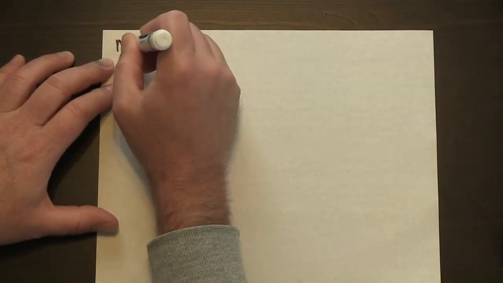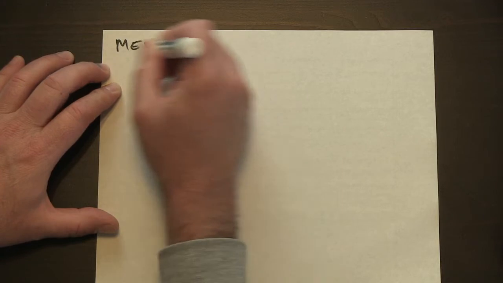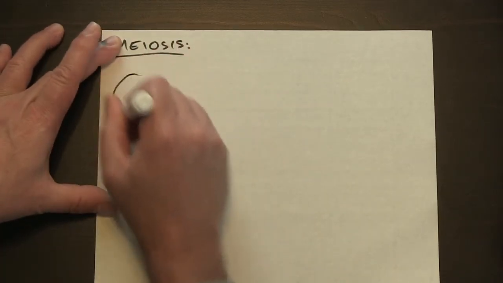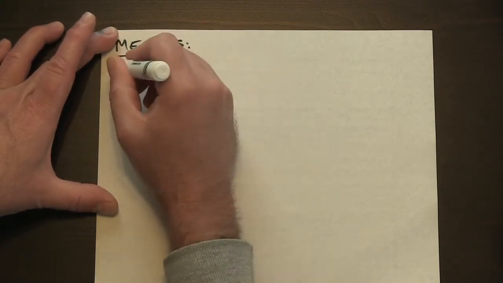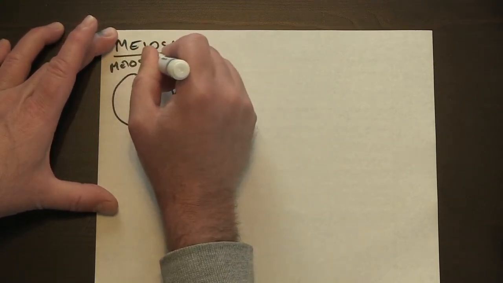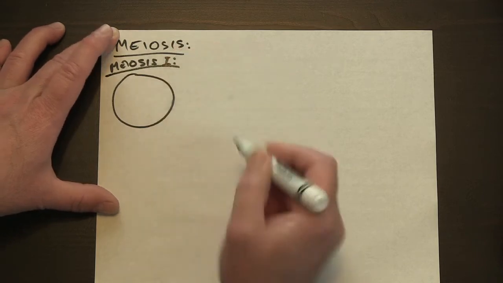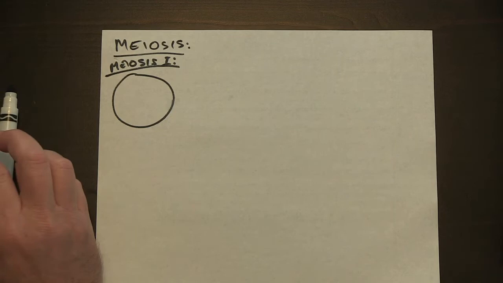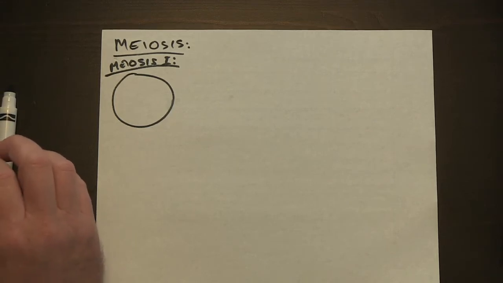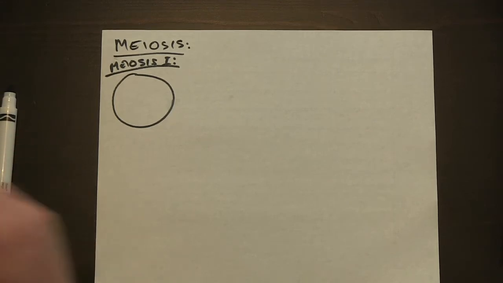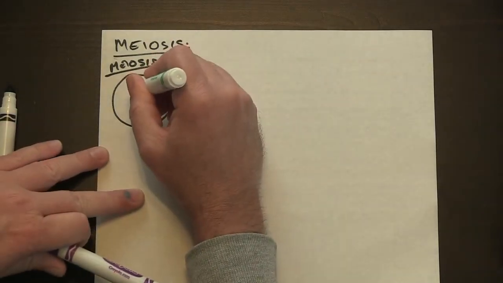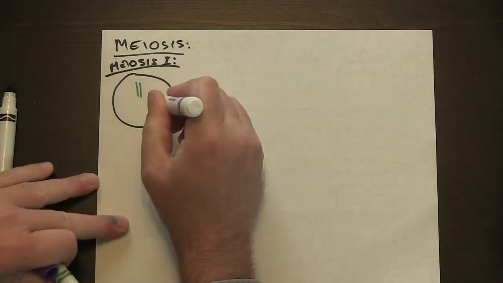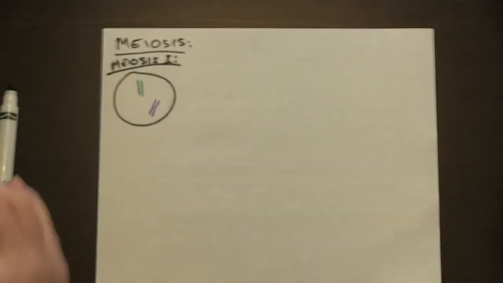So here's kind of an overview. We start with one cell. This is meiosis 1, the first bit. The homologous chromosomes pair up, and I'm just going to draw 2.